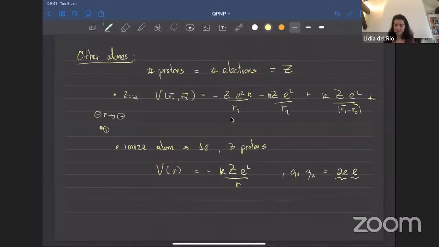Right? So one can do this for some simple atoms like helium, for example, and then it's very similar solutions to the hydrogen atom up to some numbers, right?